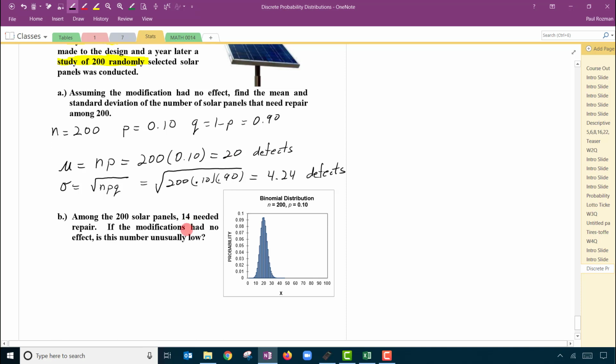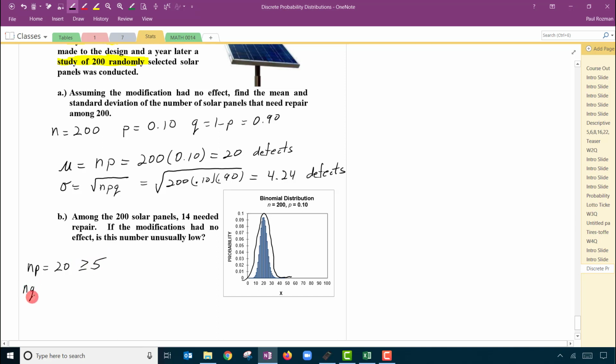Now, since we have a bell-shaped distribution here, and we can see that I plotted it for you, and this is a pretty nice bell, we can check it using our criteria. Is np greater than or equal to 5? Well, yeah, it's 20.